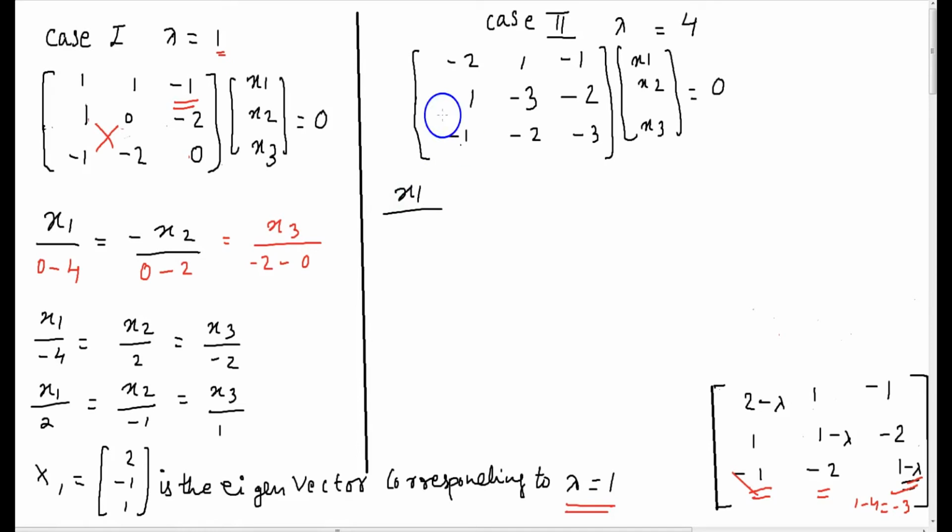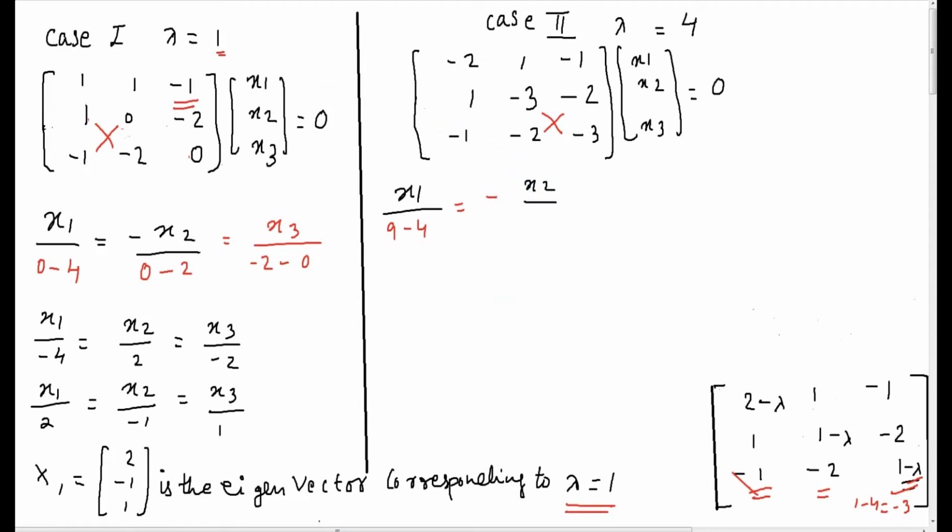Minor of a11. Here minor of a11 is minus 3, minus 2, minus 2, minus 3, and cross multiplying we get 9 minus 4 equal to minus x2 by minor of a12.